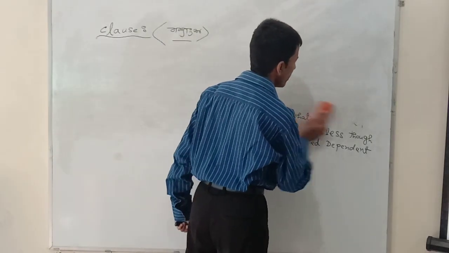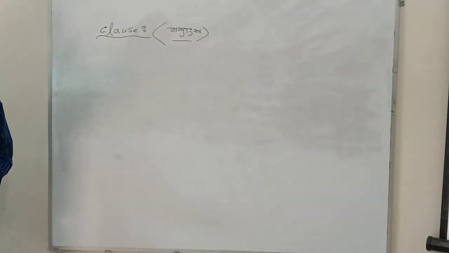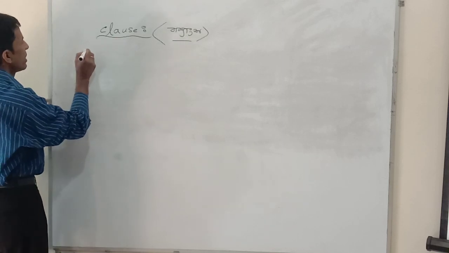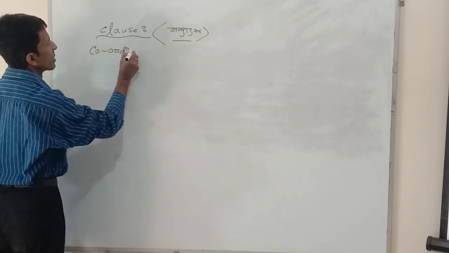Coordinate clause is also started with conjunctions like and, but, yet, or. The third discussion is coordinate clause.